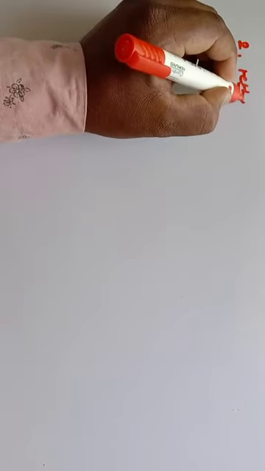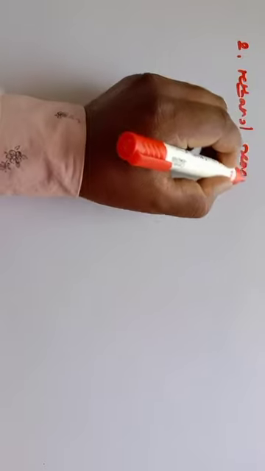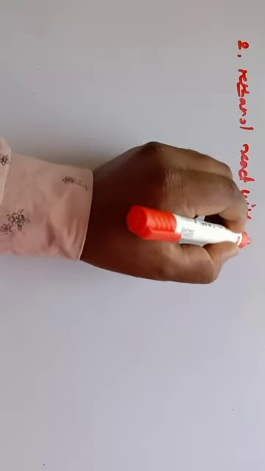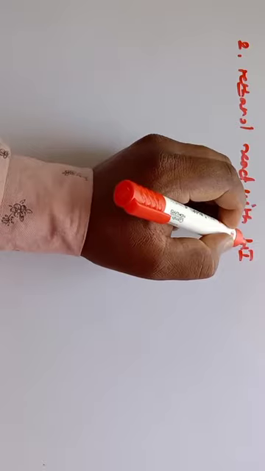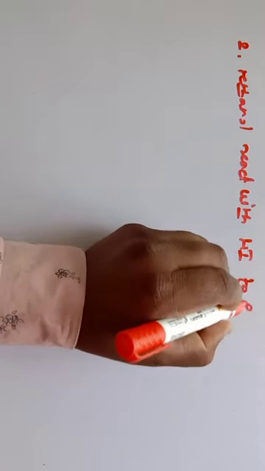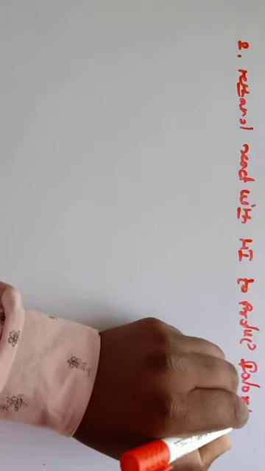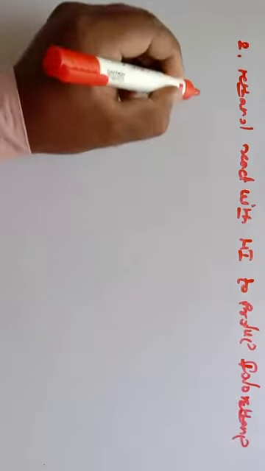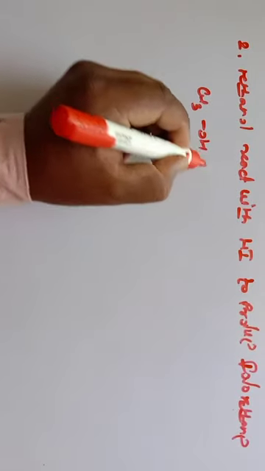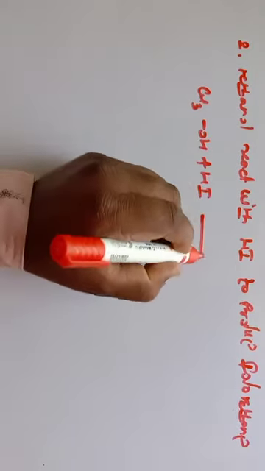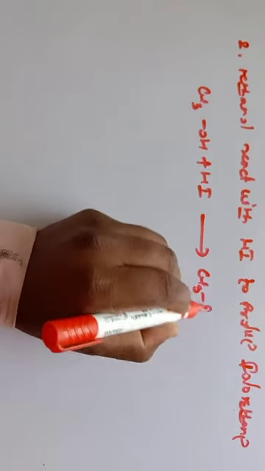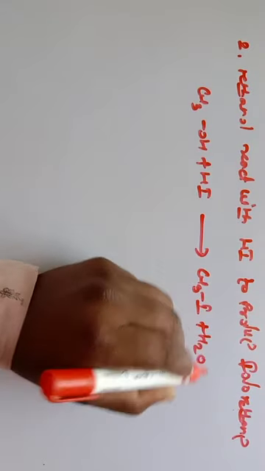The second step is that methanol reacts with hydrogen iodide to produce iodomethane, that is CH3OH reacts with HI, and there is formation of methyl iodide, iodomethane, with elimination of water.